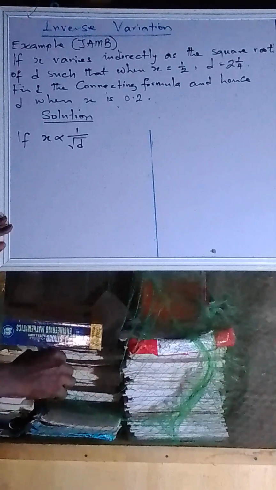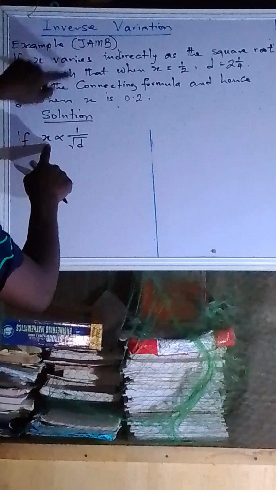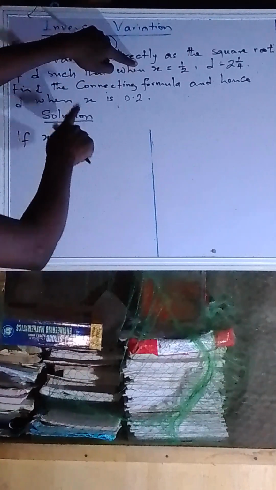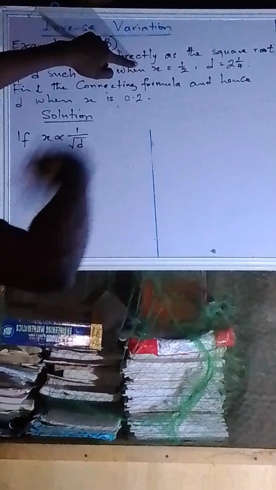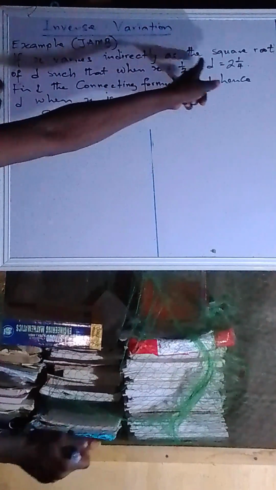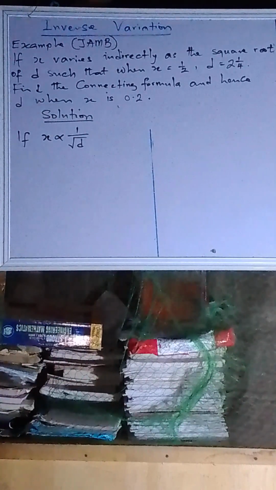Let's go through the statement again. If x varies indirectly means 1 over, it means reciprocal of the next statement, indirectly as the square root of d.